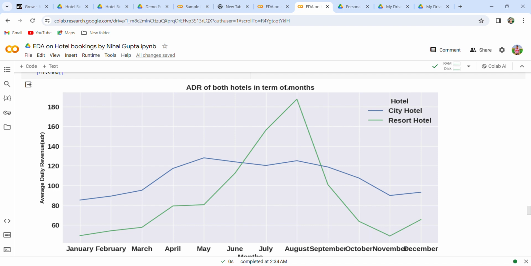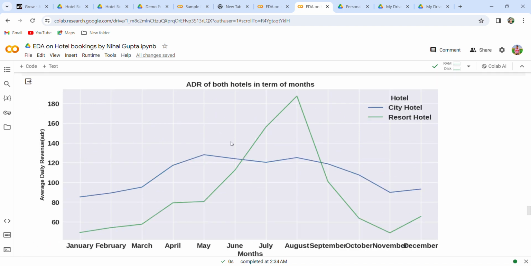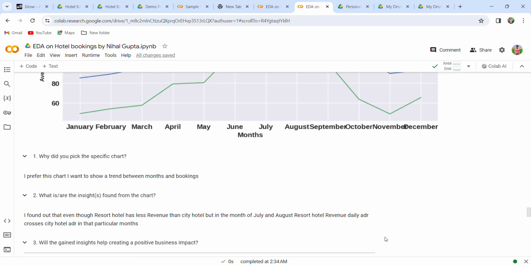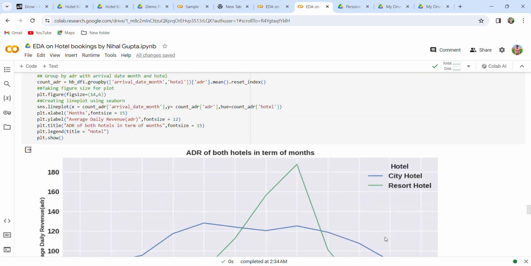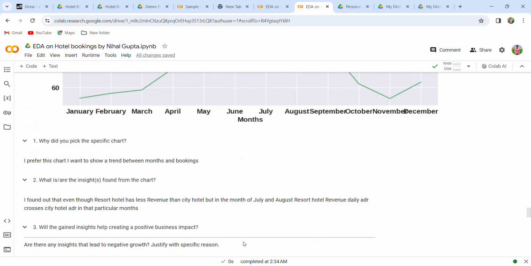July and August were the highest in resort, and then in October, November, December it decreased. It also decreased in January, February, March, then again a spike and then dropped. This is the analysis for average daily revenue for both of the hotels.